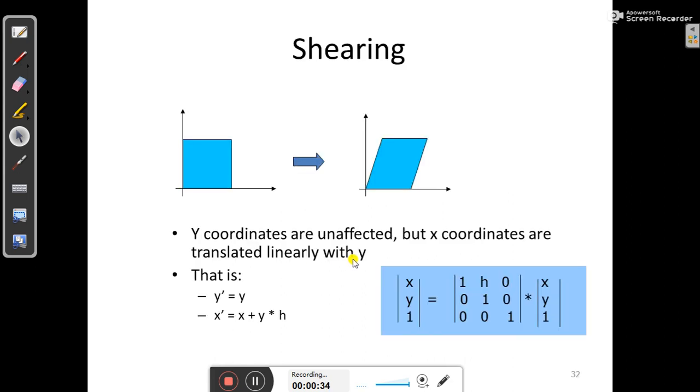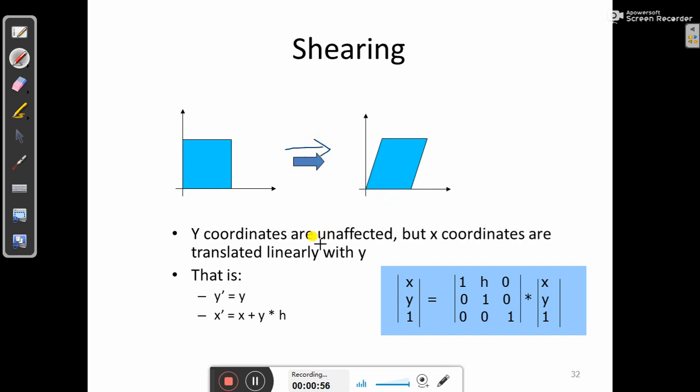So actually this is simple, same as the previous transformations. Here you can see that if you want to shear an object, shear means you are pressing some object in some direction. Suppose the y coordinates are unaffected.